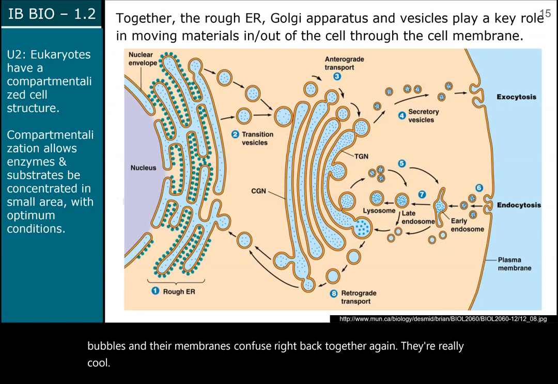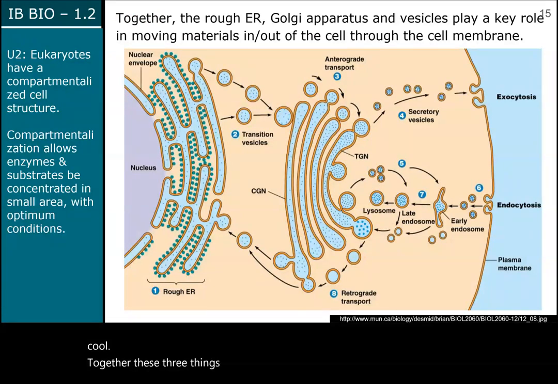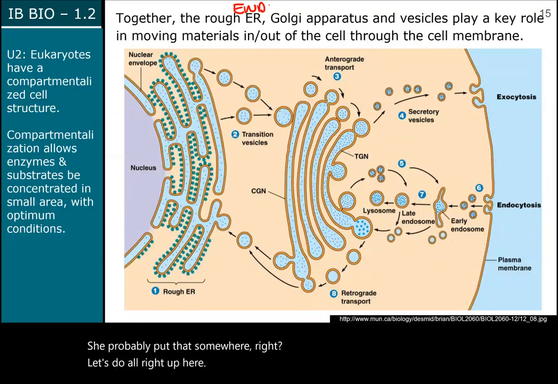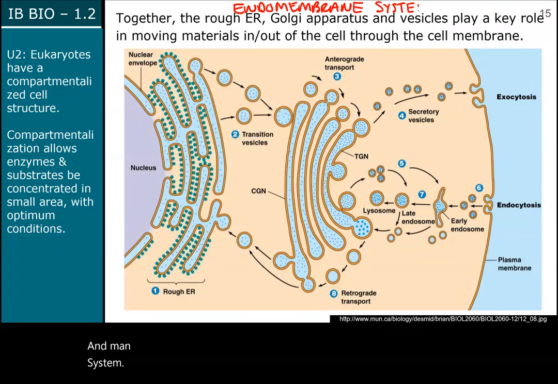Together, these three things are called the endomembrane system. So I should probably put that somewhere, right? I'll write it up here: endomembrane system. And by the way, this is understanding number 2.